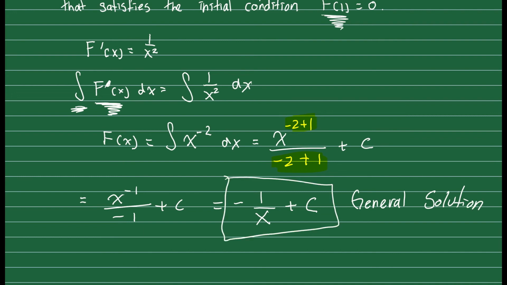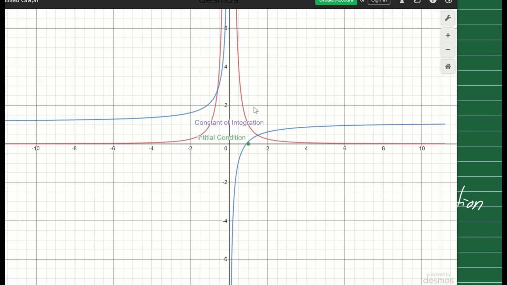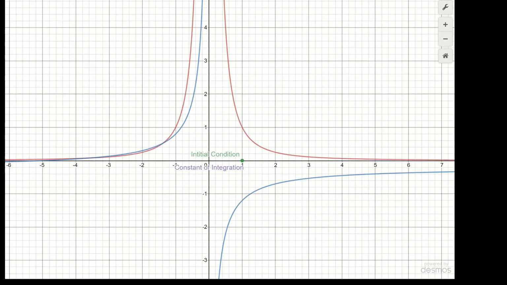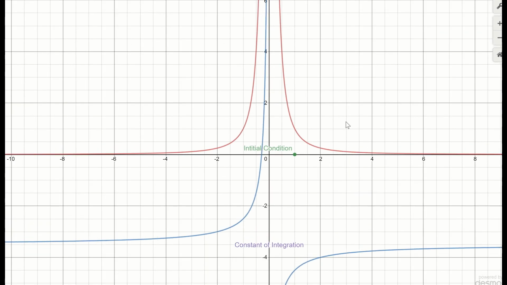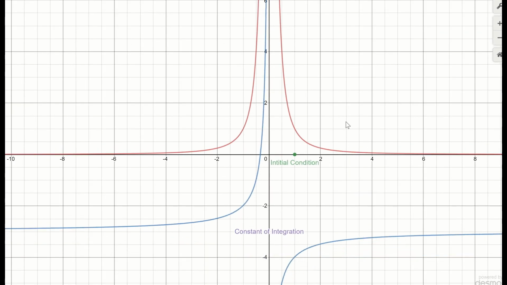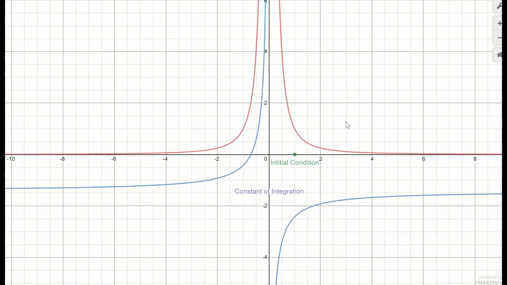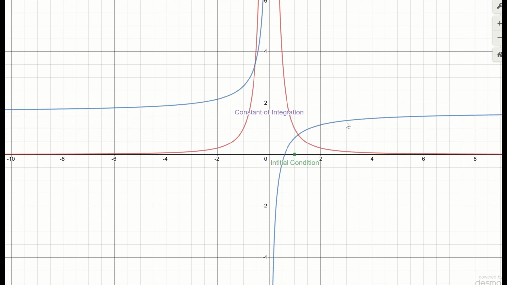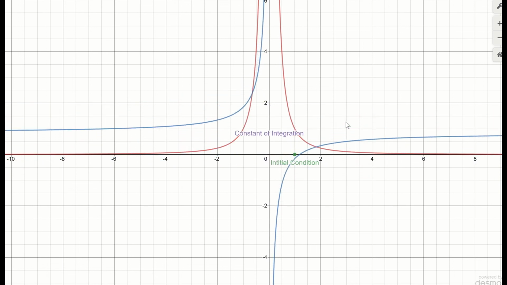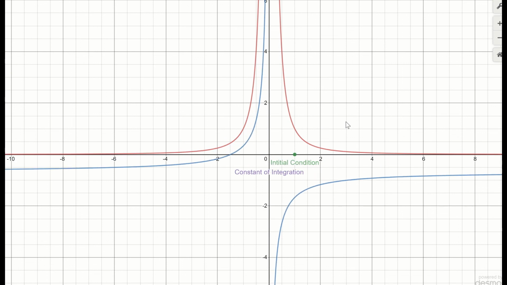All right, let's see what negative 1 over x plus c looks like. Alrighty, so the red function represents the derivative function, and the blue function represents the integral function.